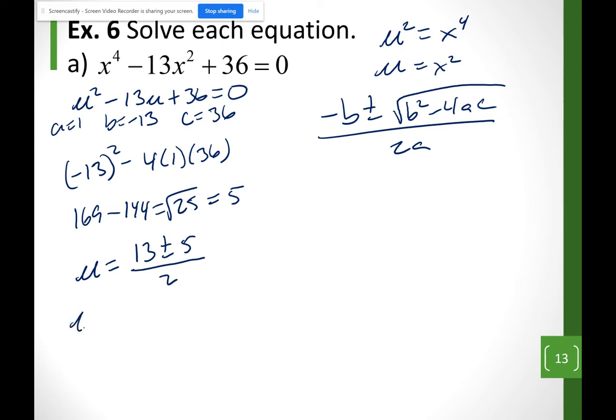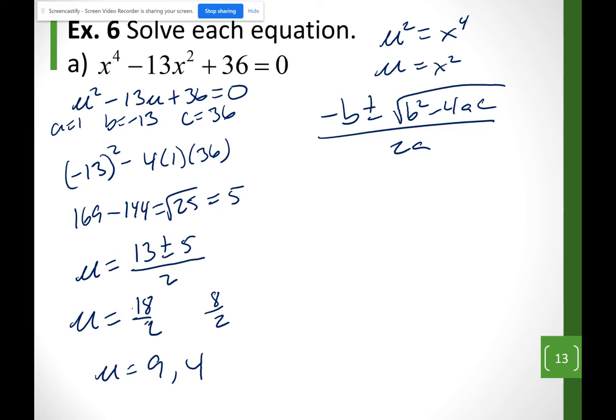That means my u equals, if I use my plus sign, 13 plus 5 is 18 over 2. If I use the minus sign, 13 minus 5 is 8 over 2. So I'm going to say my u is equal to 9 and 4.